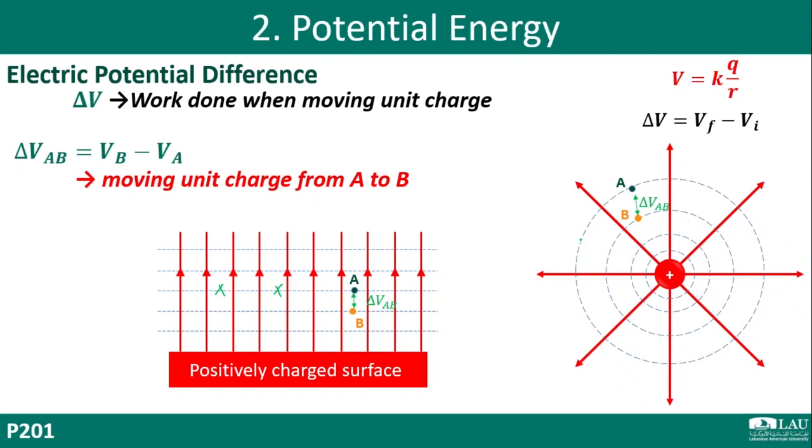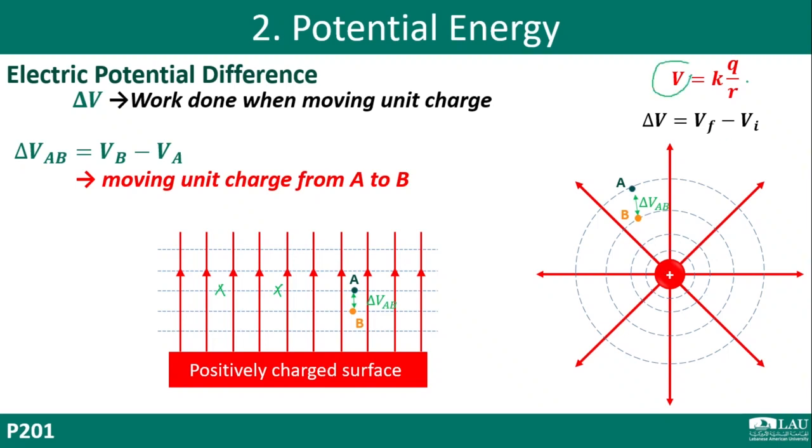We will consider circular lines. As you can see, we will apply the same procedures to find delta VAB. So if A and B have the same potential, or delta V is 0, A and B should be at the same line. Now, as the distance between the point and the source charge increases, what will happen to the potential?